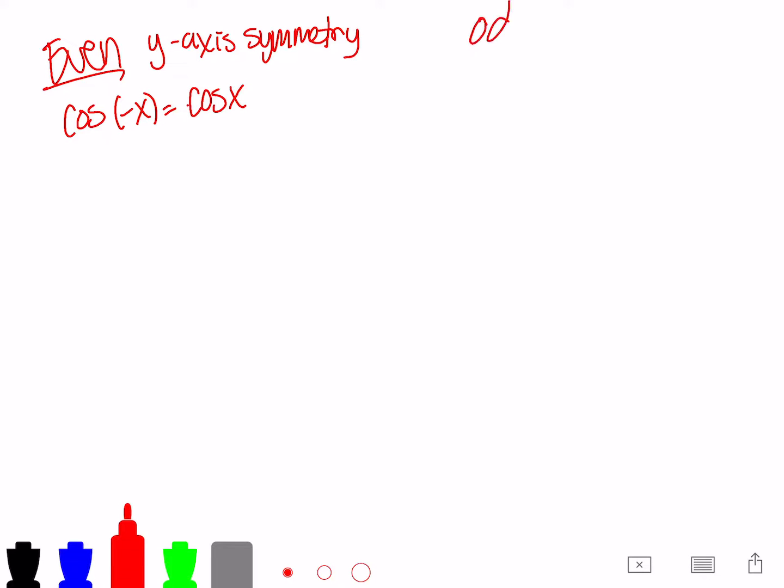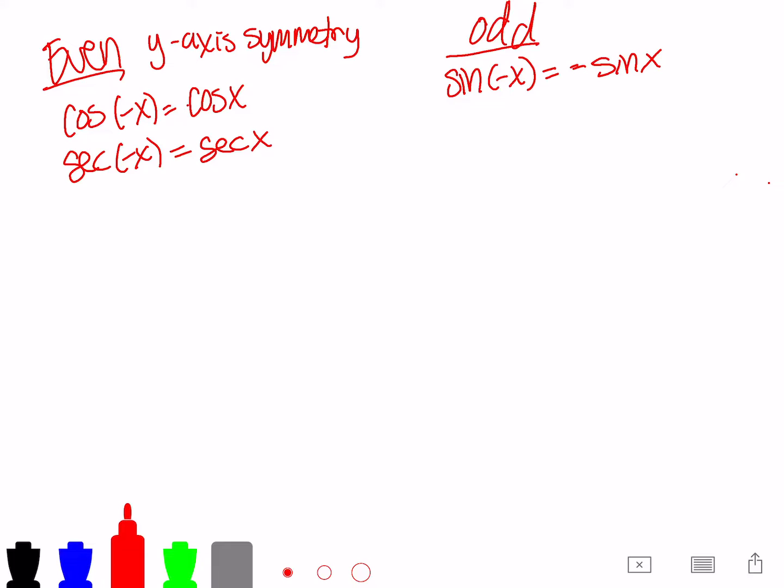And your odd, secant. And then your odd functions are everything else. So your sine of negative x is the opposite of sine of x. And its reciprocal, which is cosecant.